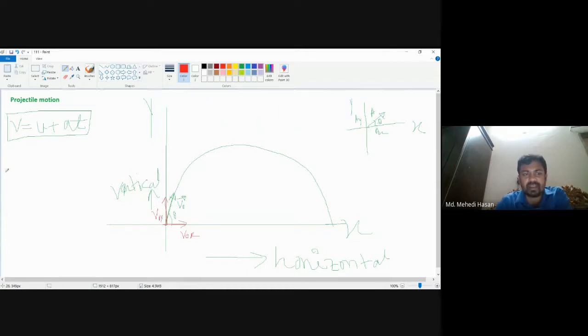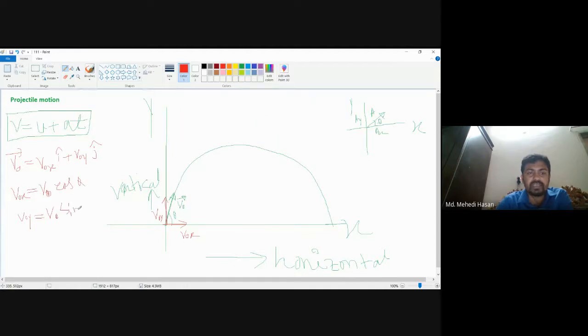Then the initial velocity in unit vector notation will be v naught x i plus v naught y j. Since ax equals a cos theta and ay equals a sin theta, v naught x, the x component of the velocity, will be v naught cos theta, and the y component v naught y will be v naught sin theta, where v naught is the magnitude of the velocity.